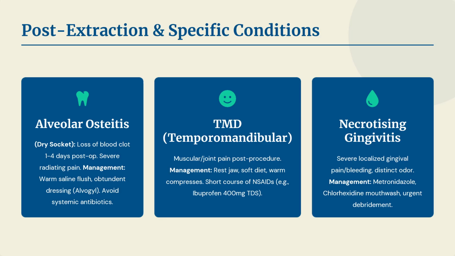Now, certain considerations you have to look into, such as alveolar osteitis, or commonly called dry socket. The most common reason is premature blood clot lysis. Usually pain occurs 1 to 4 days post operation or post extraction, and the pain is severe.